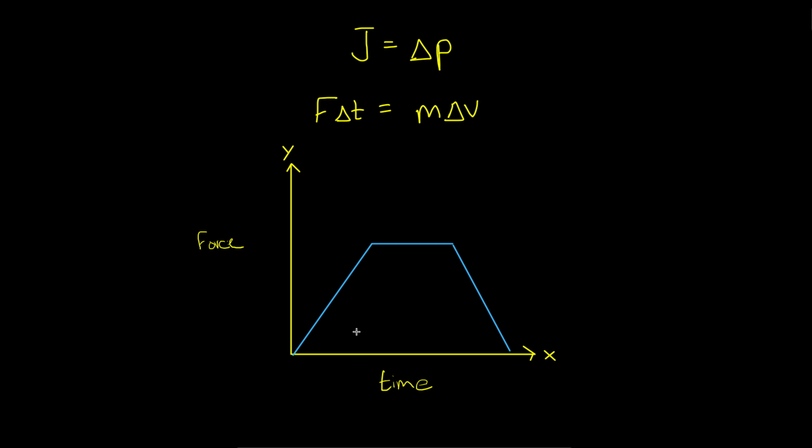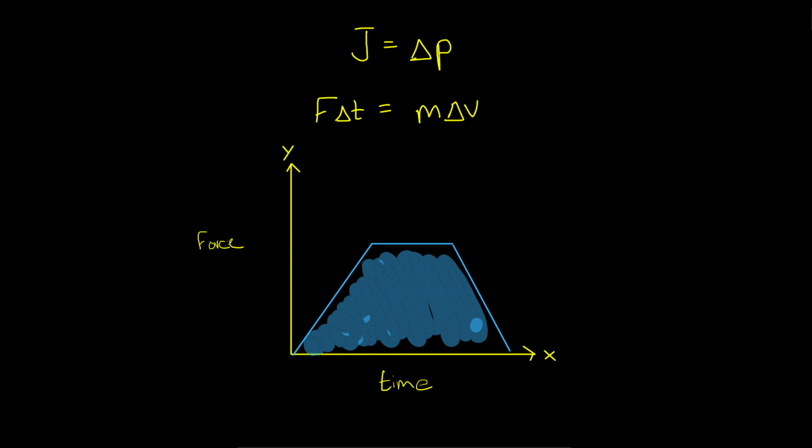By illustrating a force-time curve, this can be useful because, if you think about it, the area underneath the curve represents the impulse itself. So in other words, if we were to find the area underneath this curve, we would have found the object's impulse over that given amount of time.